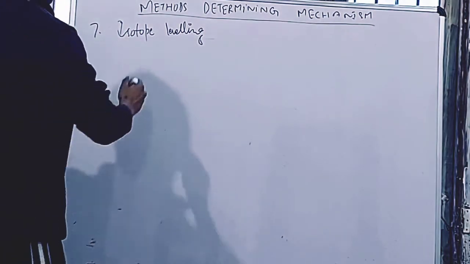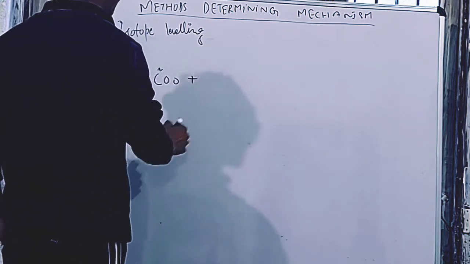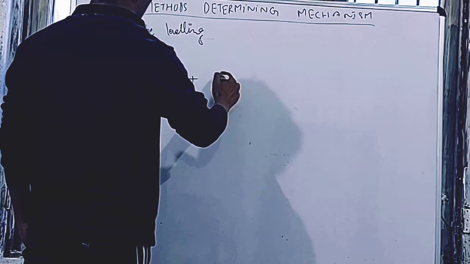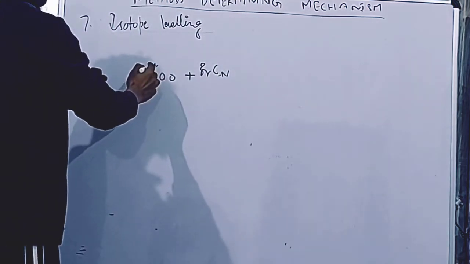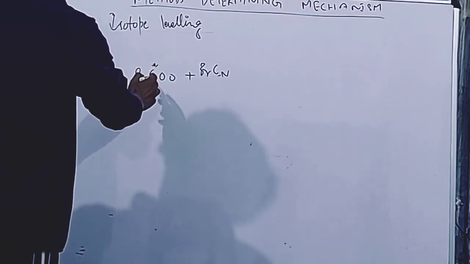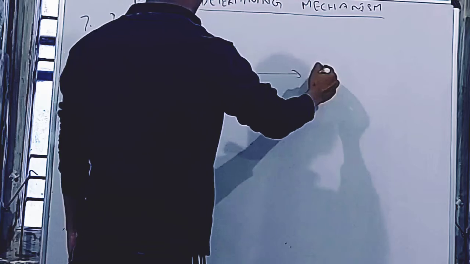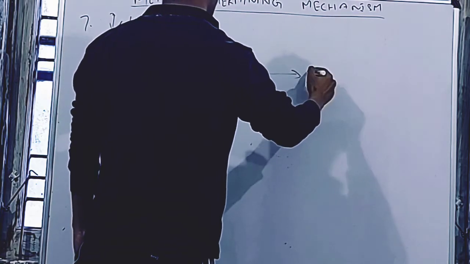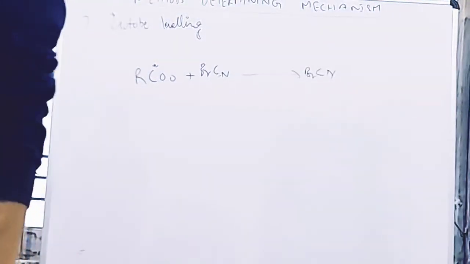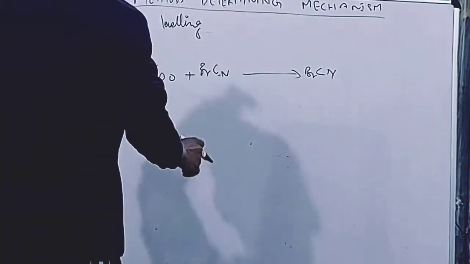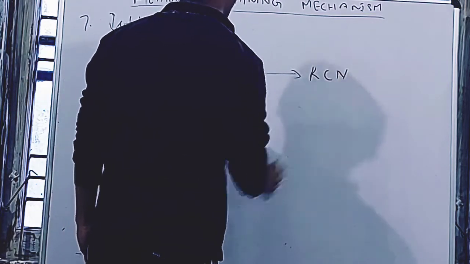For example, we have RCOO plus. Here we are using C14, which is radioactive, and it will give us BRCN, RCN.